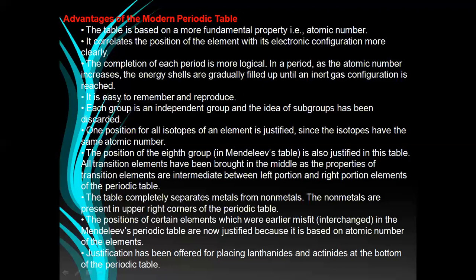It is also justified in the modern periodic table because they are placed at the bottom of the modern periodic table. But Mendeleev's table is not present in the lanthanides and actinides. So these are the advantages of the modern periodic table.